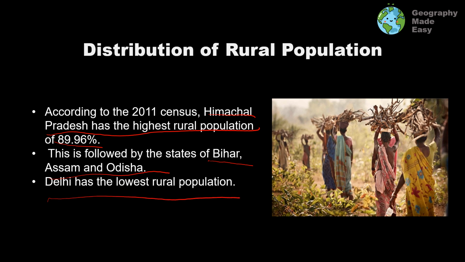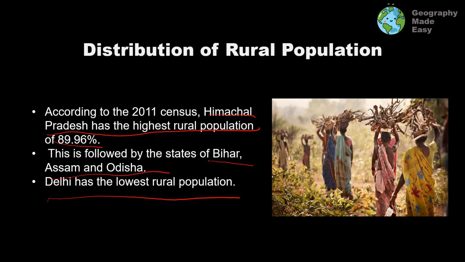Now, why does Delhi have the lowest rural population? Delhi, the NCR region, Delhi is a city. This city is itself a union territory, and this union territory is mostly an urban territory. There has been a huge amount of urbanization in Delhi. Delhi had a number of villages.